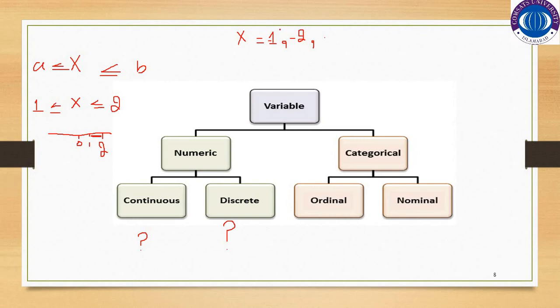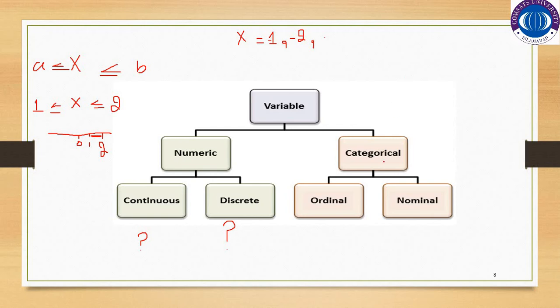That x can either be -1 or -2. It cannot take the value 1.1, -1.1, -1.2. So you can say that discrete is something which is countable and continuous is something which is measurable.